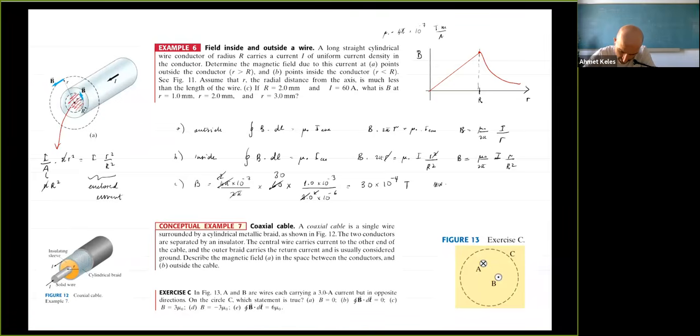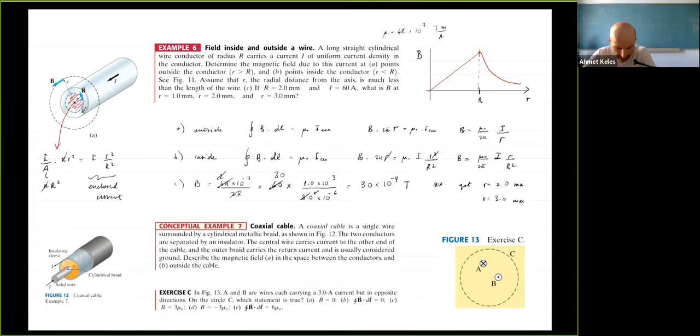Your homework: get R equal to 2.0 millimeters and R equal to 3.0 millimeters. One is right at the boundary, so you can use either of these formulas. The other one is outside, so you have to use this one.